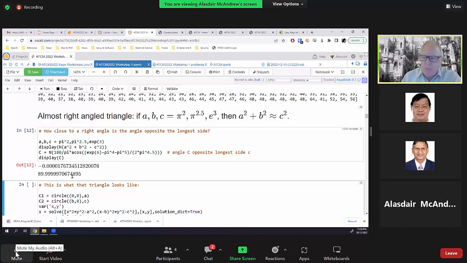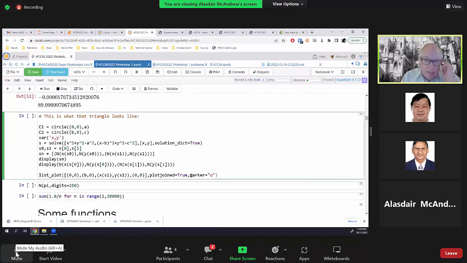But the point of doing this is just demonstrating again some of the aspects of SAGE and handling numbers and functions. What I'm doing here is applying the cosine rule to get the angle opposite c and multiplying it by 180 on pi to turn it into degrees rather than radians.